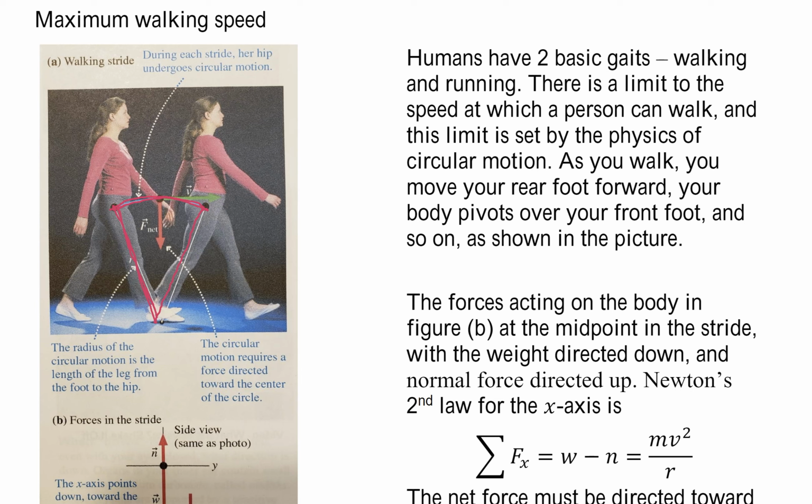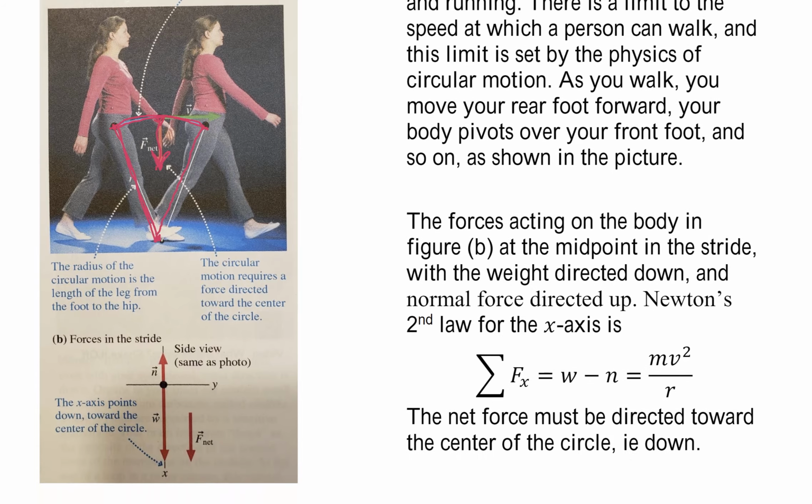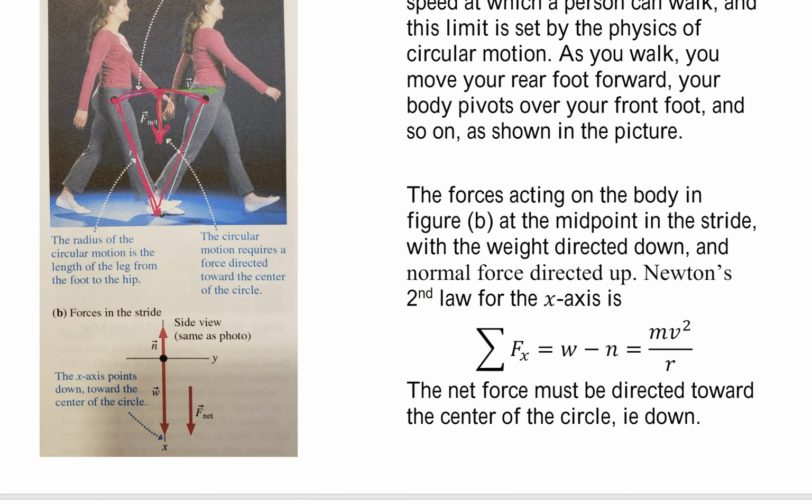Now, when your hip is directly above your foot, then your F net would be directed directly down. So the circular motion then has this force directed directly to the center of the circle, which is directly over your foot. So the forces acting on the body in the figure here, at the midpoint in the stride, with the weight directed directly down, and the normal force directly up, Newton's second law states this right here.